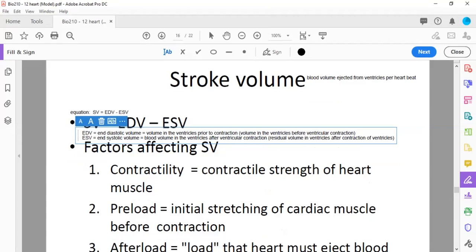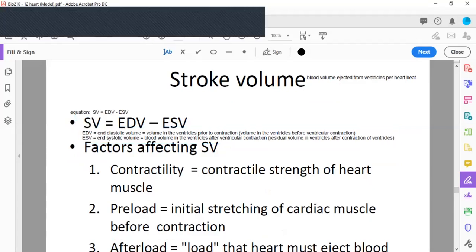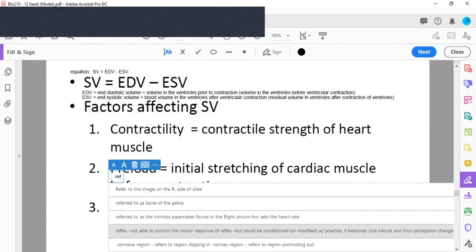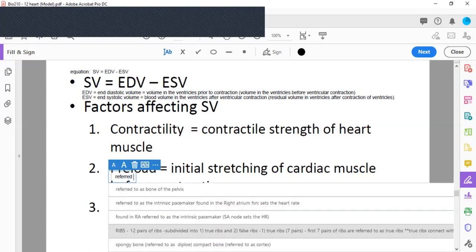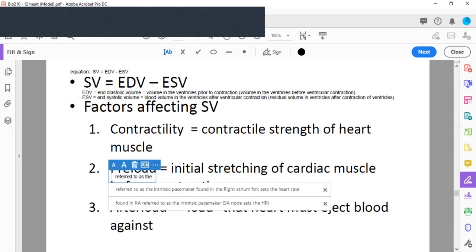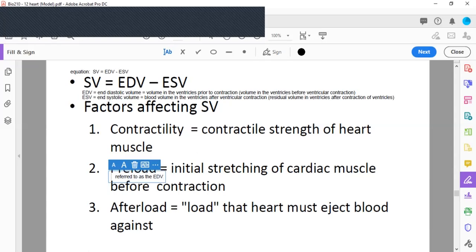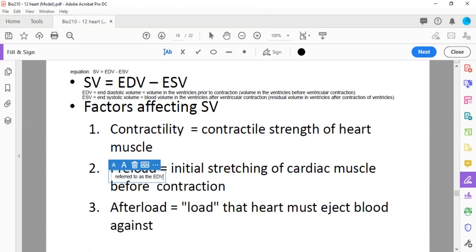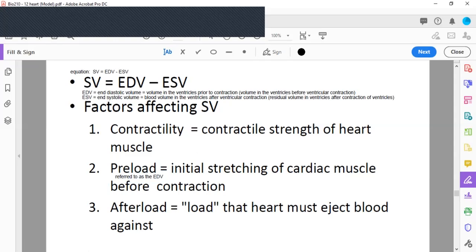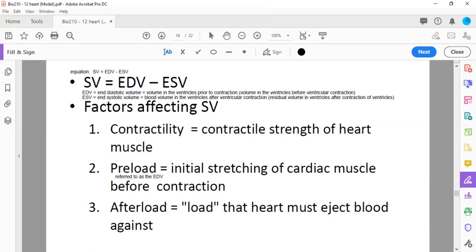Preload. The preload represents the initial stretching of the cardiac muscles before contraction. So the preload is also referred to as the EDV. What that means is the volume inside the ventricles before contraction. As the volume exists inside the ventricles, it causes the ventricles to expand and stretch out.